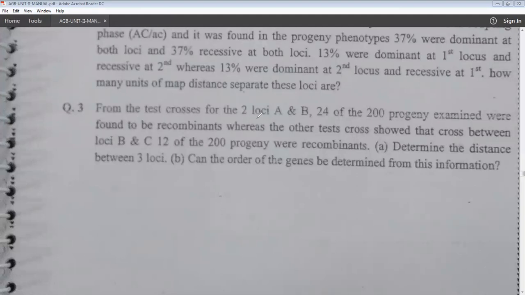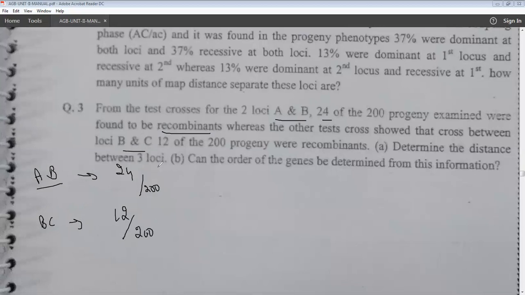From the test cross, for two loci A and B, 24 out of 200 were examined to be recombinants. If you're talking about B and C, the recombinants are 12 out of 200.